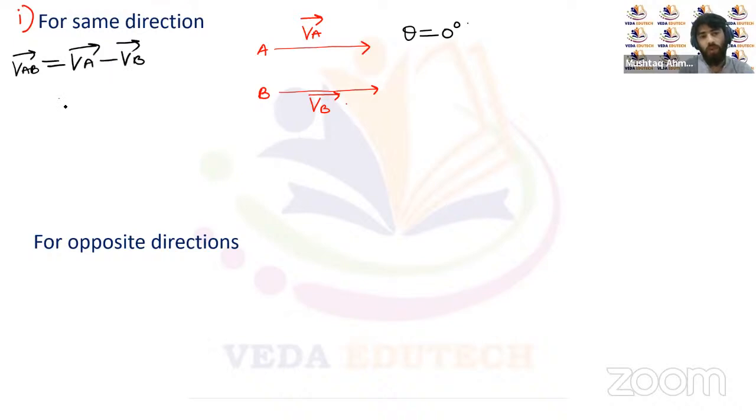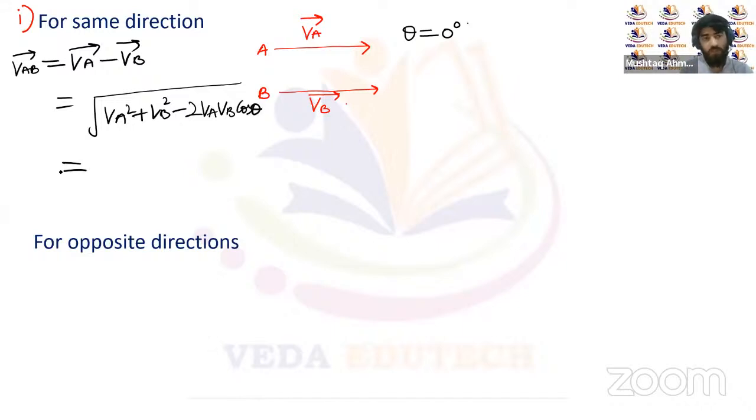That will be equal to under root of VA square plus VB square minus twice VA VB cos of theta, right? That will be the magnitude, the mod of this VAB vector. So we know that for two particles along the same direction, theta is equal to 0 degrees and cos 0 is 1.